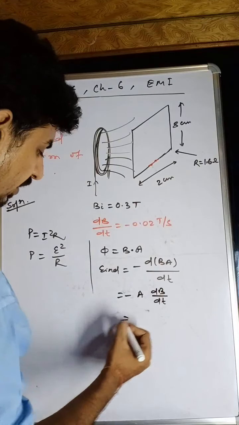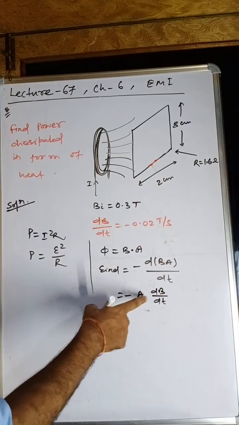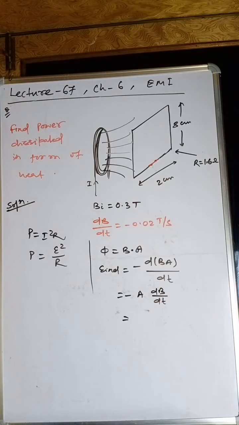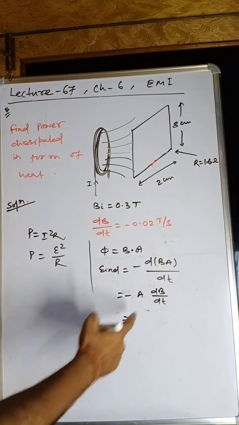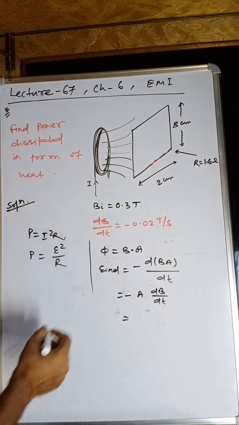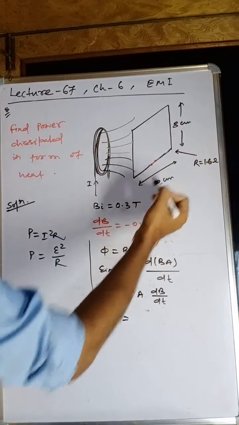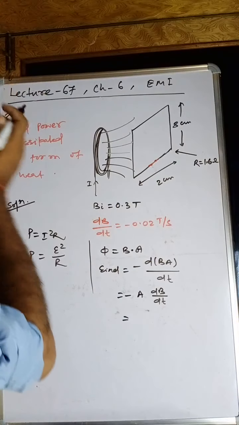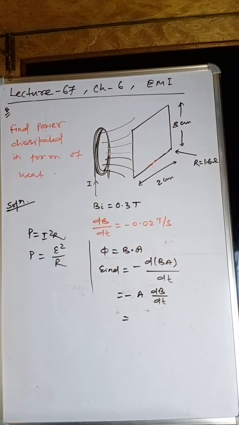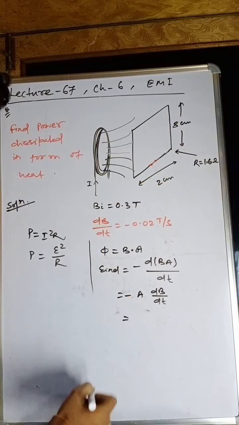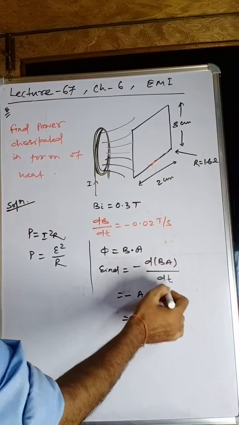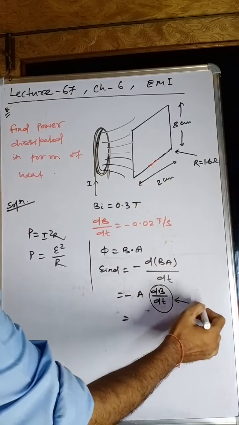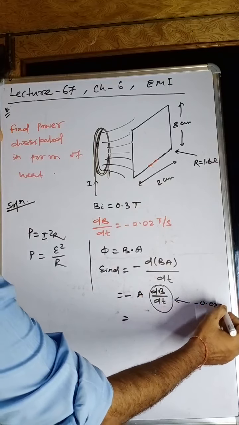In the question, the area and the rate of change of magnetic field are also given, so you can write the value directly from there. A is the product of 8 centimeter and 2 centimeter. In SI unit, you can write 10 to the power minus 2 times 10 to the power minus 2, minus 4, and it is 16. dB by dt is directly given, minus 0.02 Tesla per second.